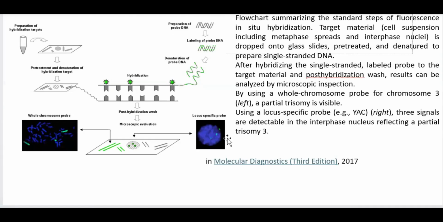A sample in suspension can be taken to flow cytometry. So this is how you can schematically represent the FISH technique, right? So you can use locus specific probes, right? And what kind of signals you are seeing. Now in this particular case, what you are seeing is this particular tissue, right?